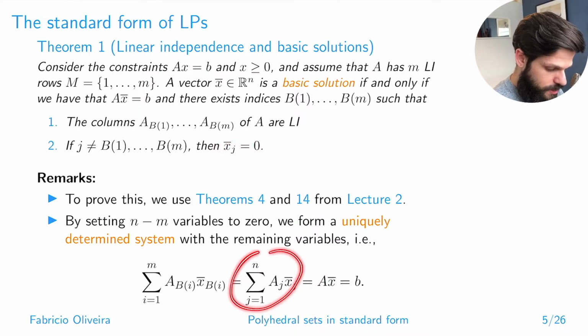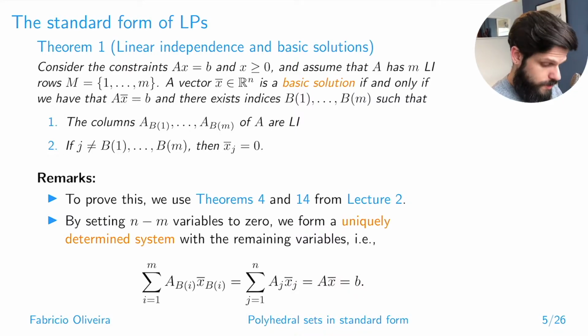And that is just the original form, which equals b. So that means that as soon as you set n minus m variables equal to 0, this becomes a uniquely determined system because you have exactly m equations and m variables.